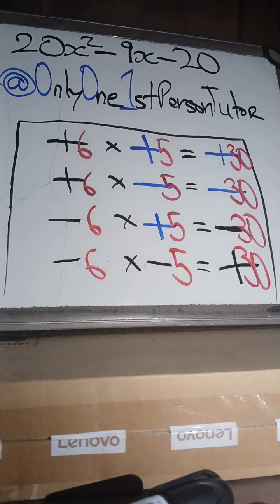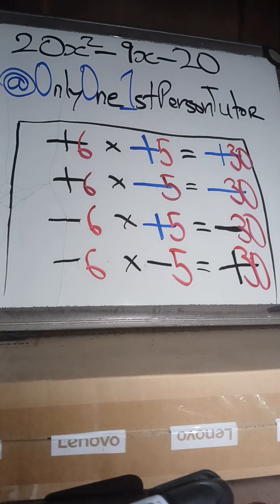The only thing that will change is whether it will be positive or negative, depending on what number is positive or negative. Both of them positive, they come out positive. Both of them negative, they come out positive. One of them being different makes it different, right?